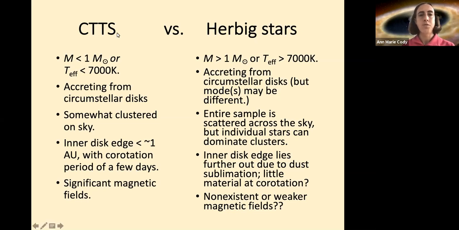So we've got the classical T-Tauri on the one hand, which I just told you about. They have inner disk edges that are approximately 1 astronomical unit from the central star, and there is a co-rotation period where that material is orbiting around the star on the same time scale as its rotation period. That's typically around a few days.